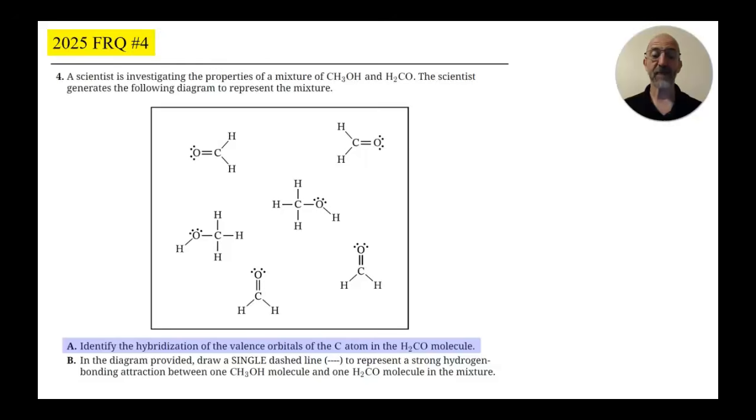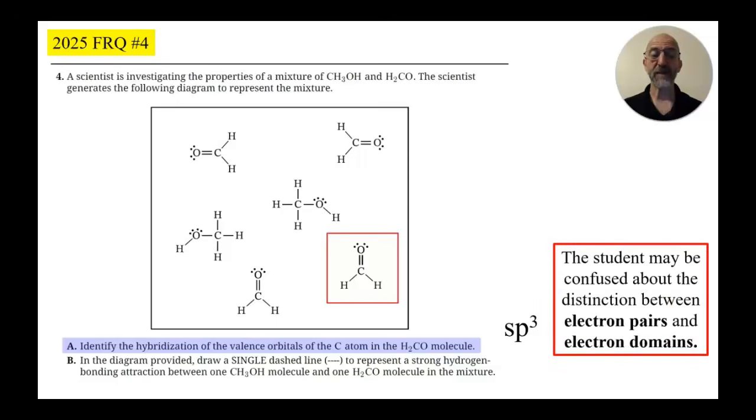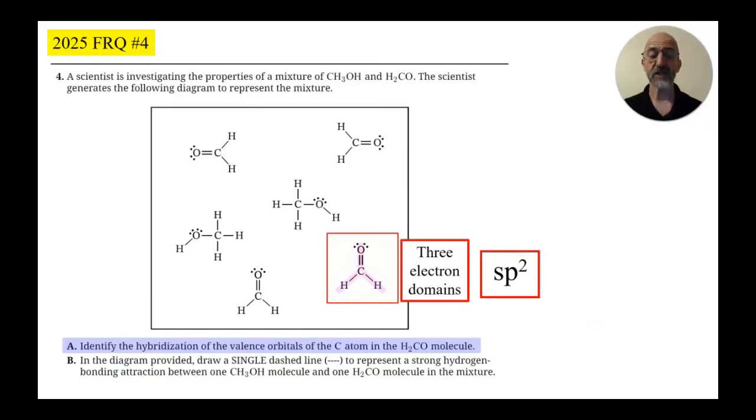And the student said the following. They said sp3, so it is possible that there's some confusion regarding the double bond. The student may be confused about the distinction between electron pairs and electron domains. Around that carbon atom, even though there are 2 single bonds and 1 double bond, that would be 4 total electron pairs, there are only 3 electron domains.